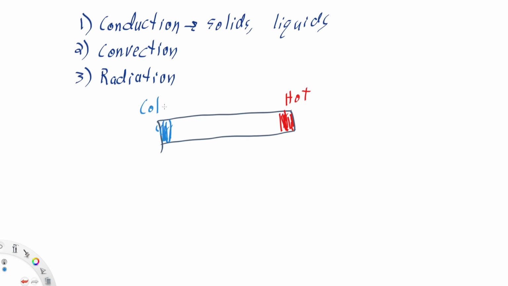These are relative terms. They don't actually have to be hot or cold, but there's a difference in temperature between the two sides. Our question is, at what rate is heat flowing from the hot side to the cold side? Because remember, heat flows from hot to cold, always. That's a law of thermodynamics. And we want to know how fast.